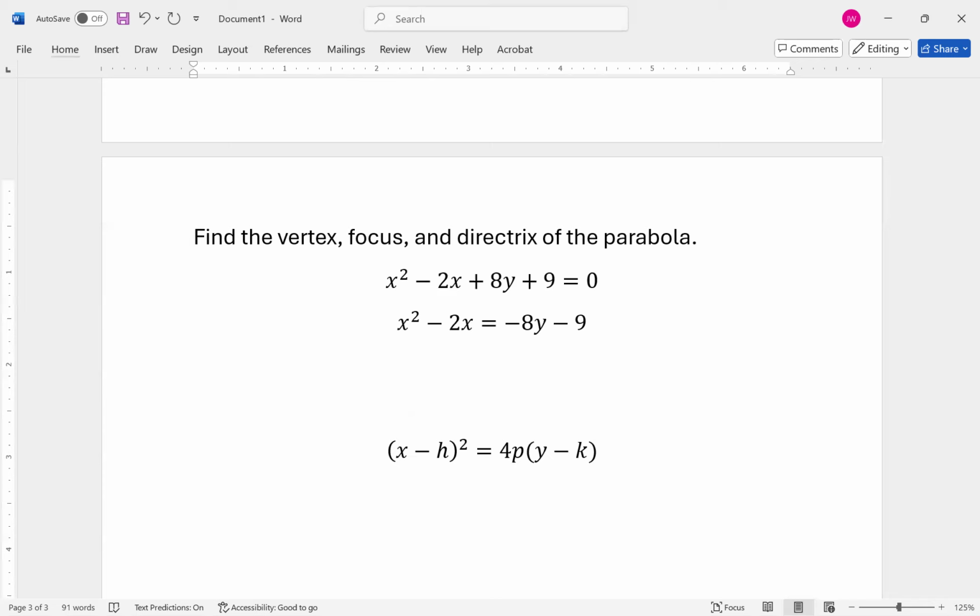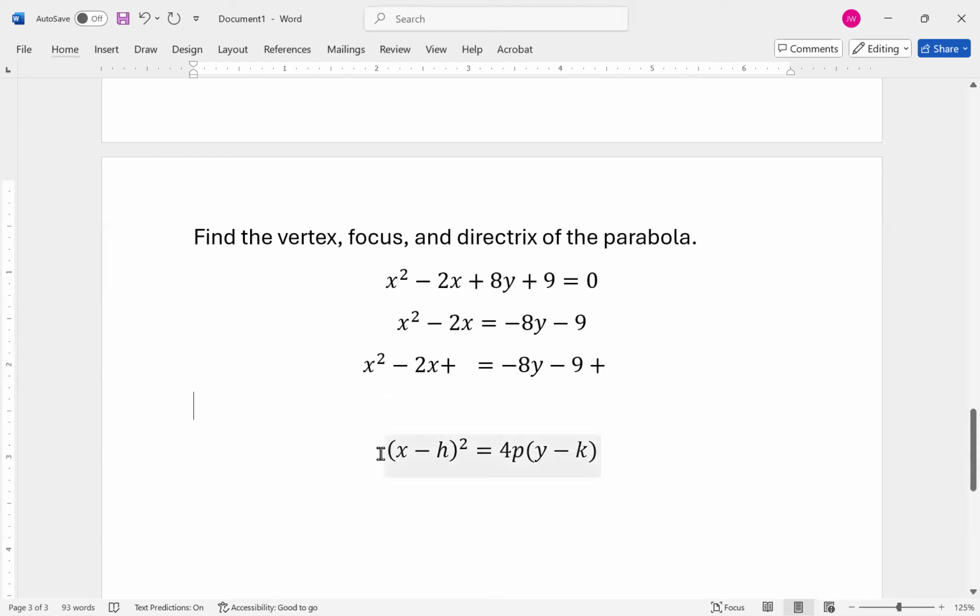In this case, if I want a perfect square, I've got to figure out what to add or subtract. Well, it'll always be add on the left. When I do that, I'll have to also add something on the right as well.